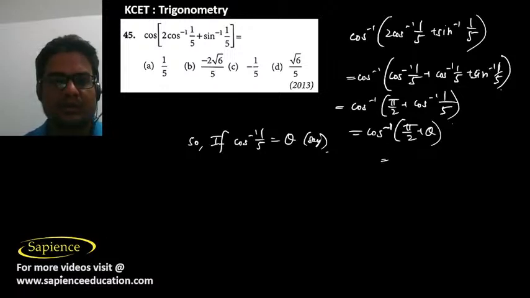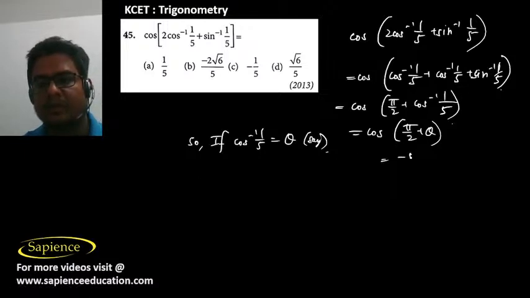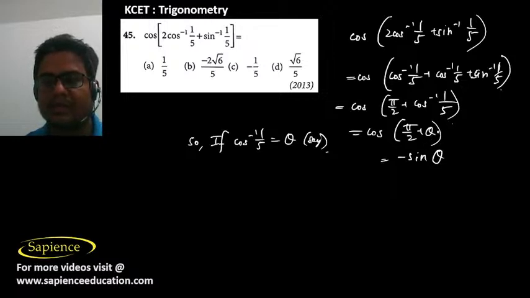Sorry, this will be cos of this. Okay, sorry, there is something wrong here. This will be cos of pi by 2 plus theta. So this will be equal to minus sine theta, since in the second quadrant cos is having negative value.